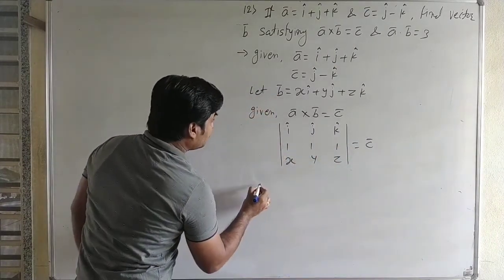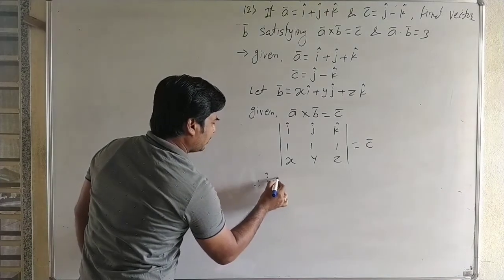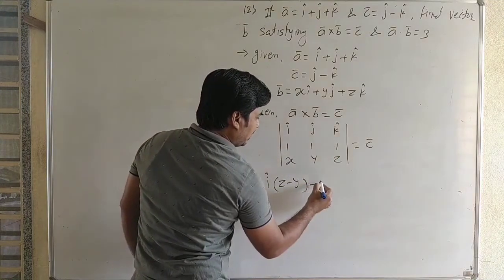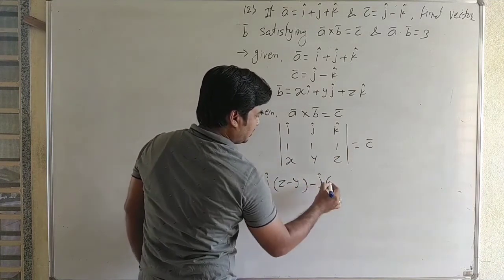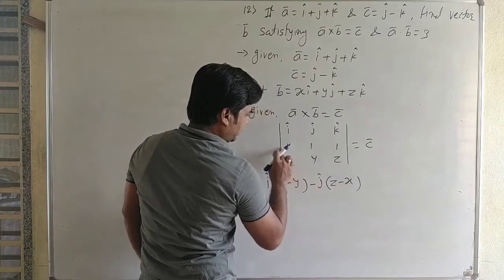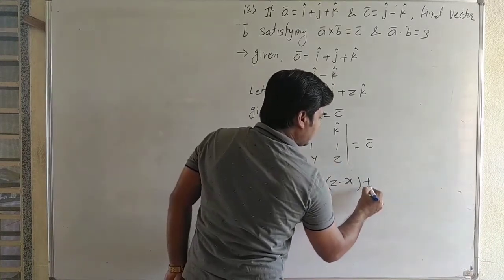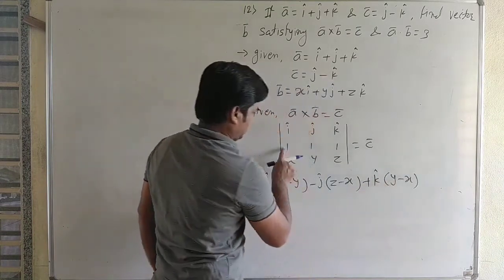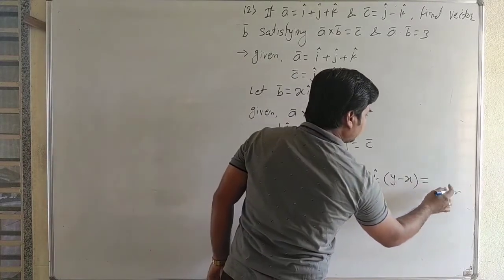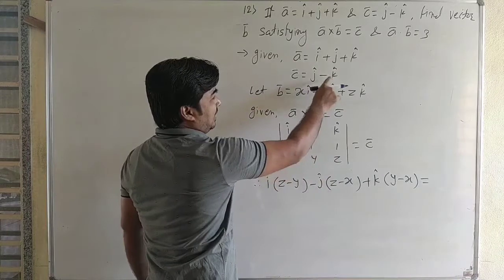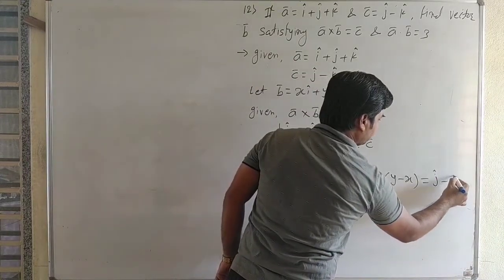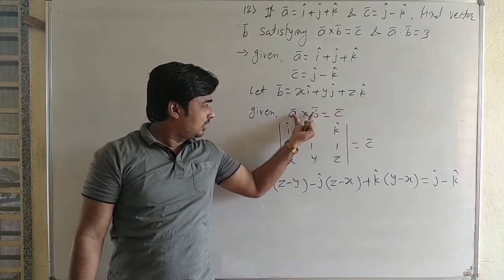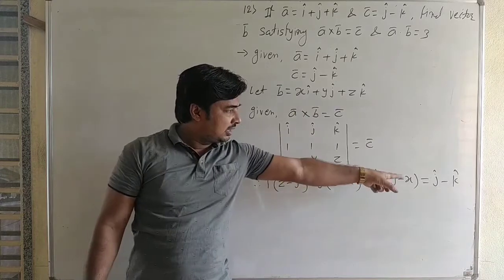Now we take the cross product: i cap into z minus y, minus j cap into z minus x, plus k cap into y minus x, and it is equal to c bar, j cap minus k cap. This is the first condition, a bar cross b bar is equal to c bar.